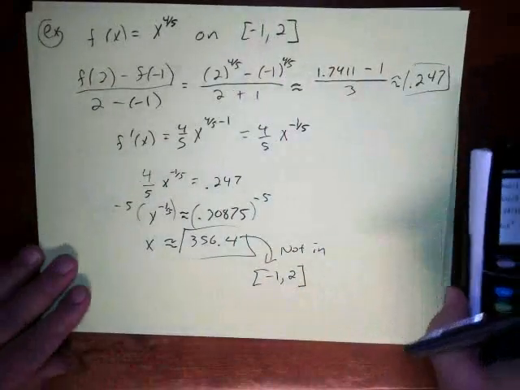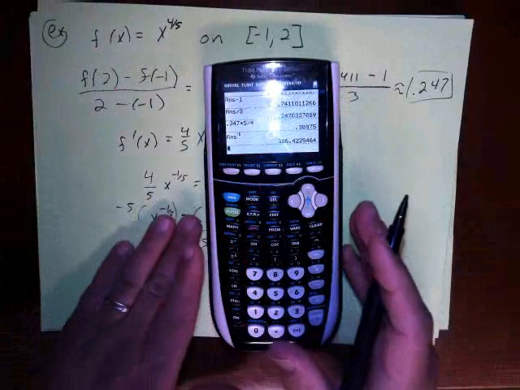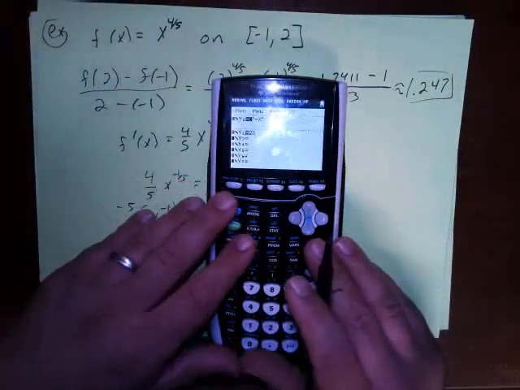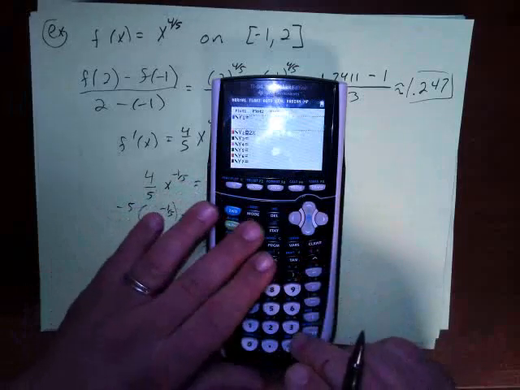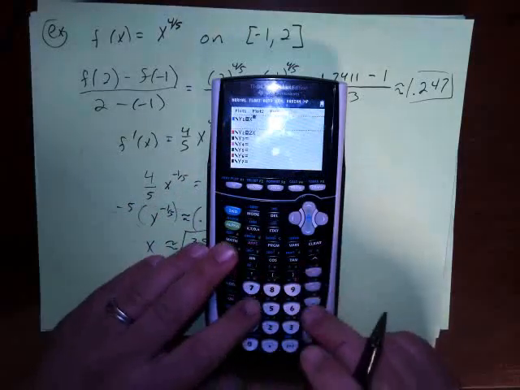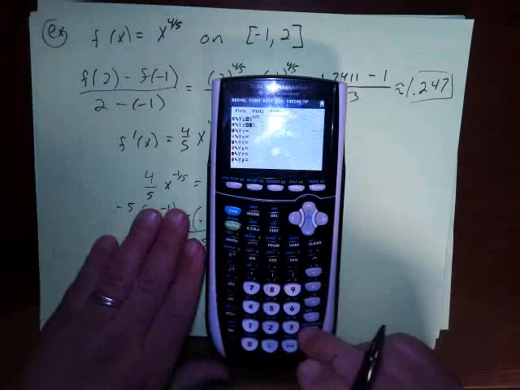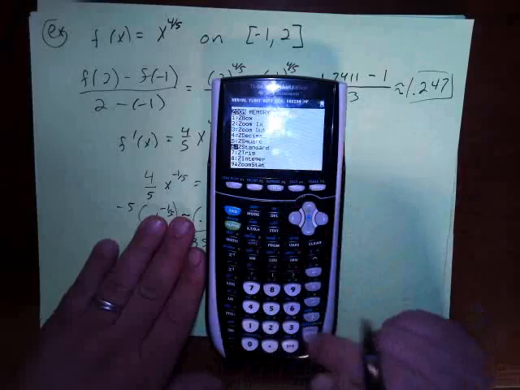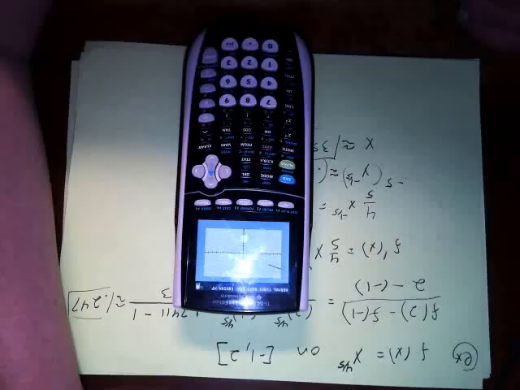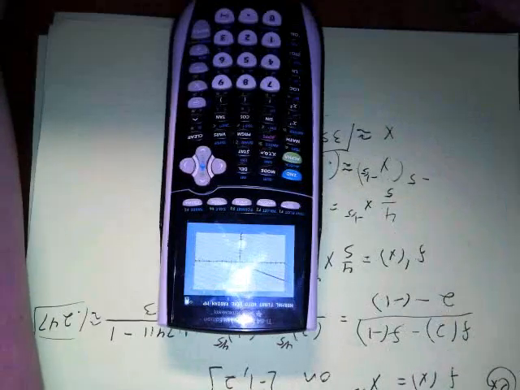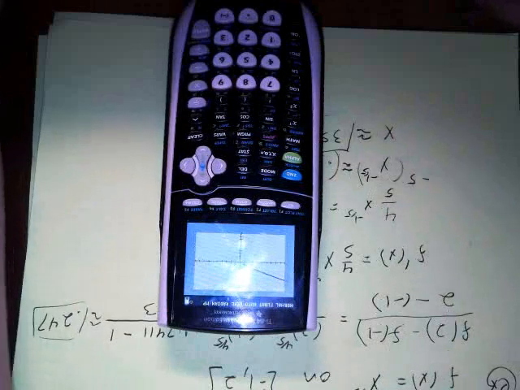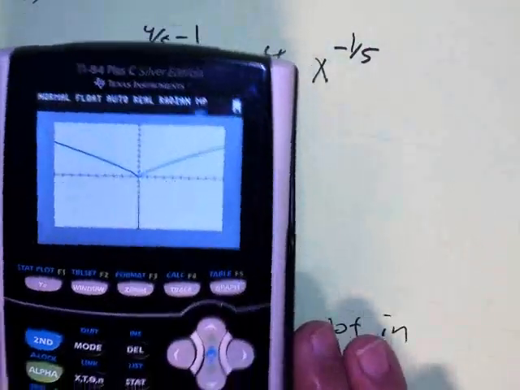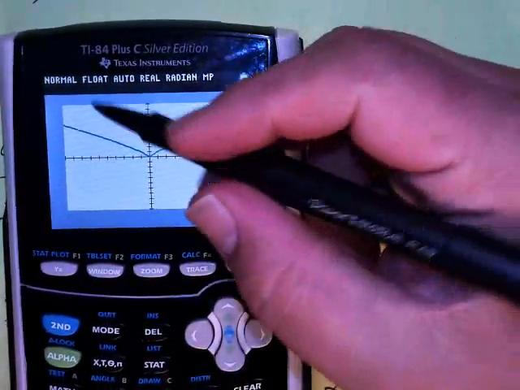So now let's graph this function and see if we can find a problem here. I'm going to do x to the 4/5, and maybe we'll start with just a standard window. Sorry about this. Let me flip it around. There we go, so here's the function.